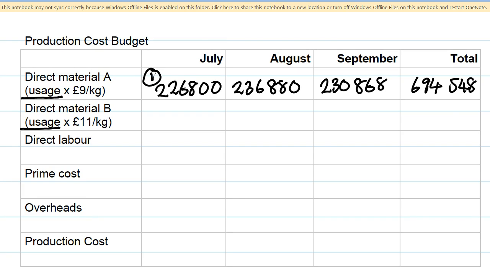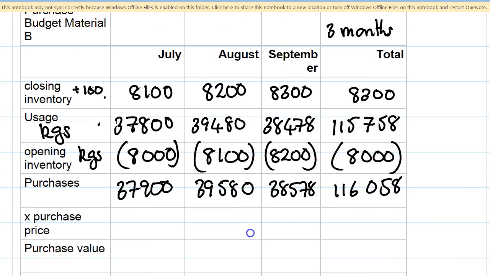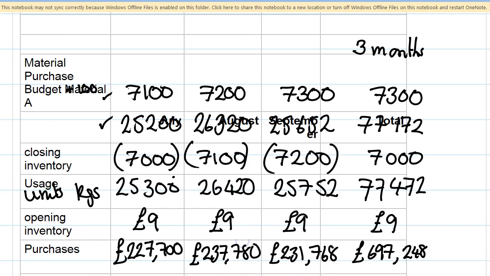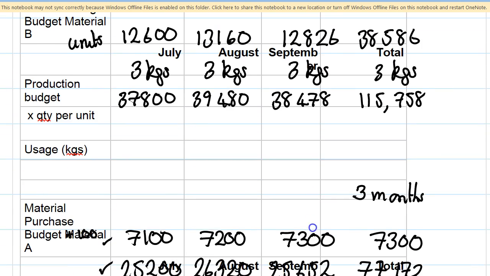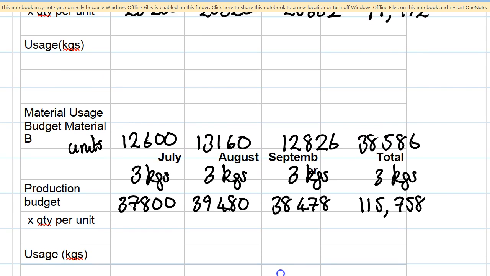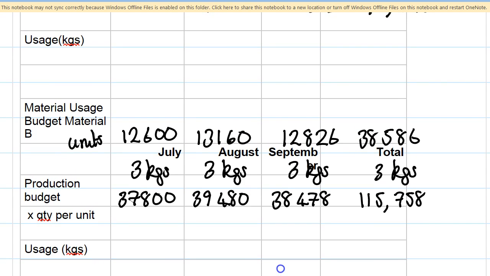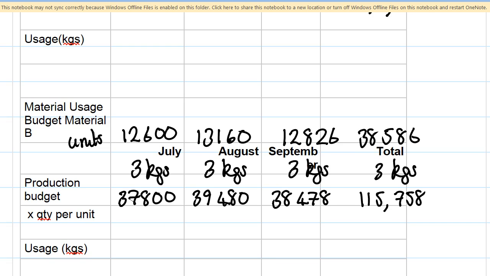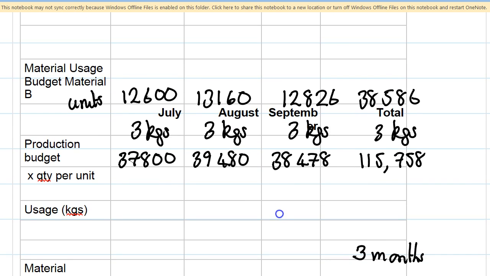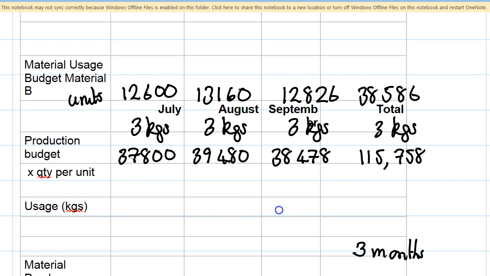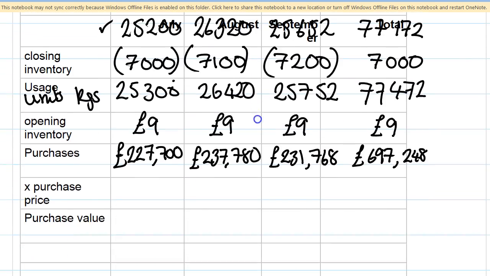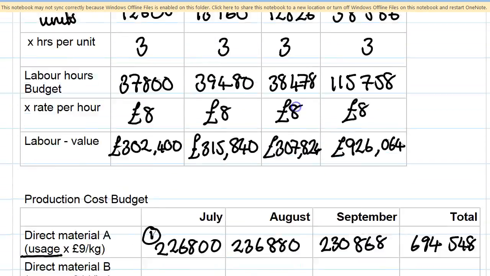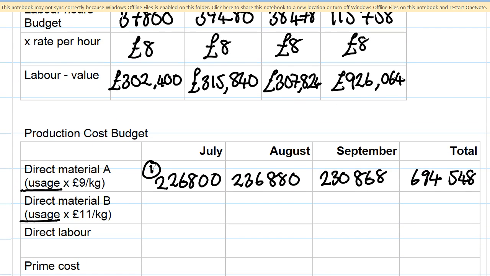Looking at the usage and going back for material B, we have our usage previously for material B: 37,800 kilos for July.